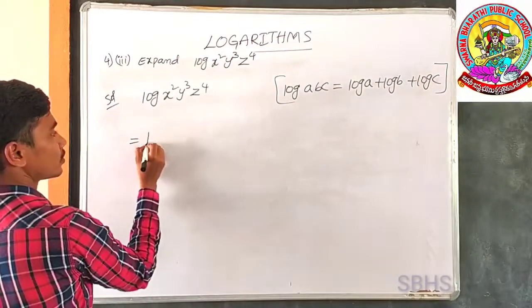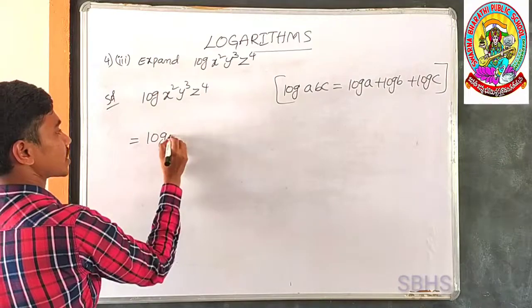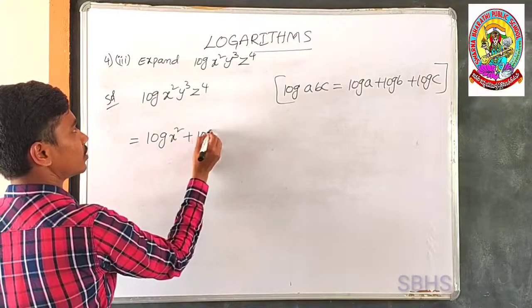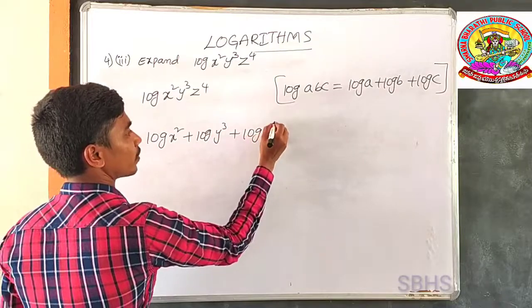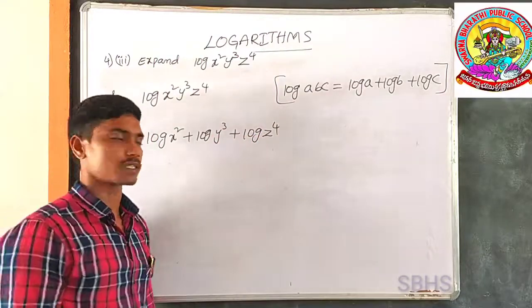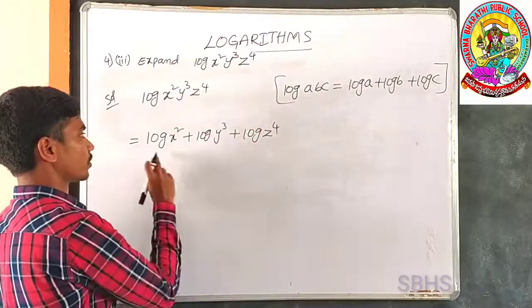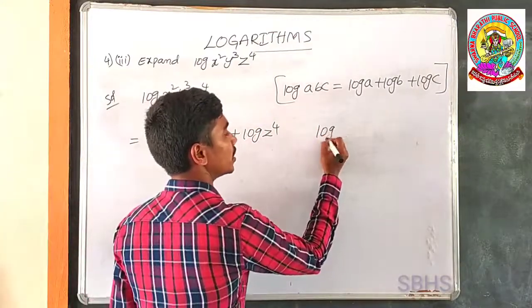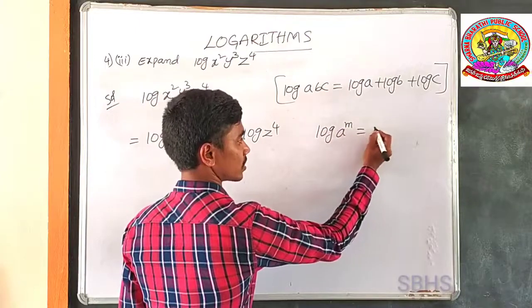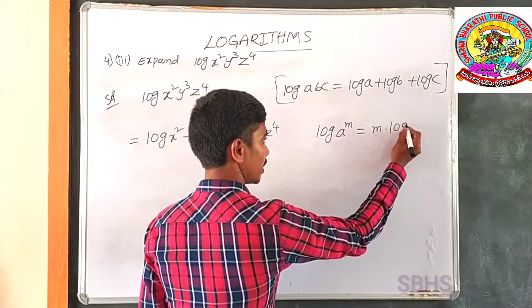Here it should be equals to log x square plus log y cube plus log z power 4. Once observe, each term is like this.